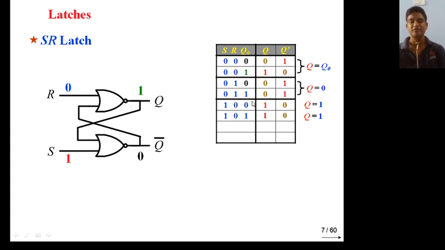Now the last possible value can be 1 1. Now if 1 1, you can directly apply the shortcut method. If any one input is high, the output of the NOR gate will always be 0. So you can see in both cases you are getting the same output 0 0. This is not possible. This must condition is that both outputs will be complement of each other.